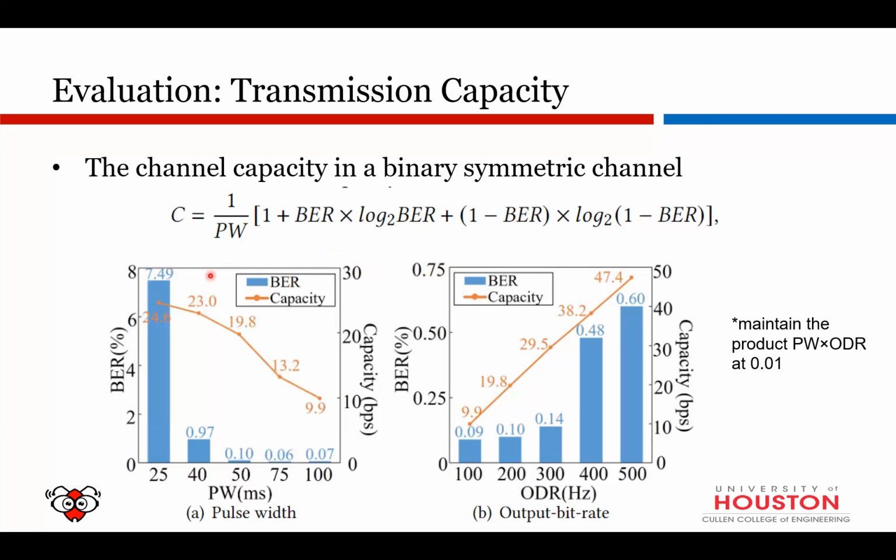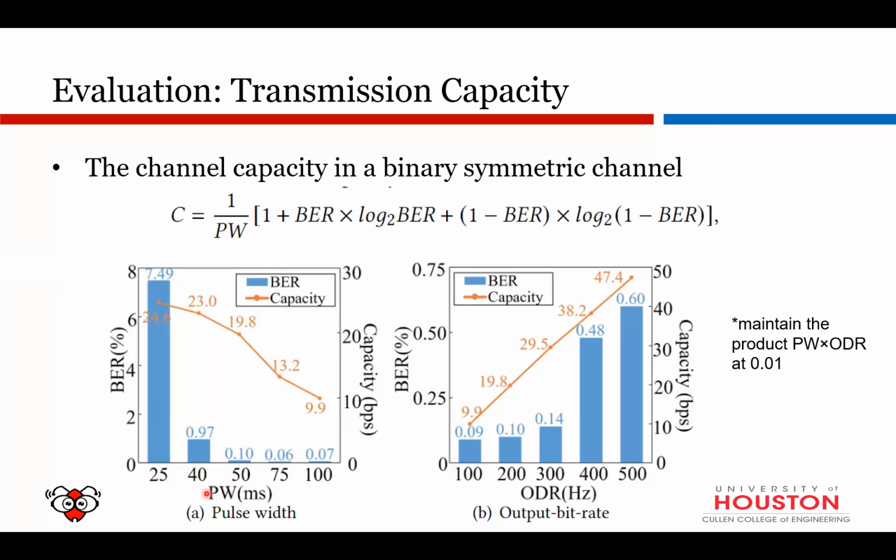A shorter pulse width means more information in a unit time interval, and it can possibly cause more errors.